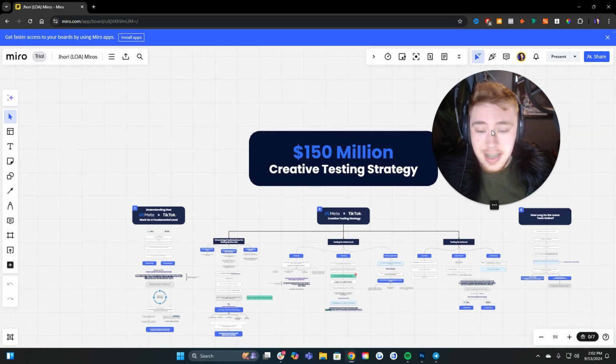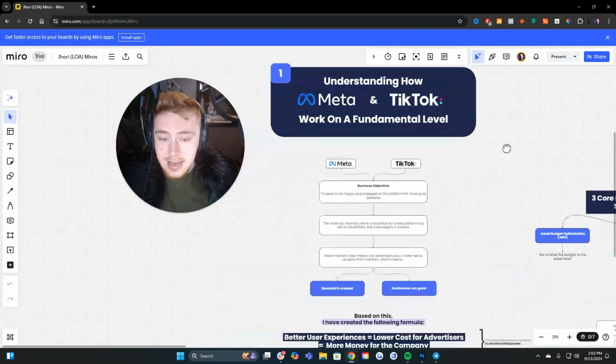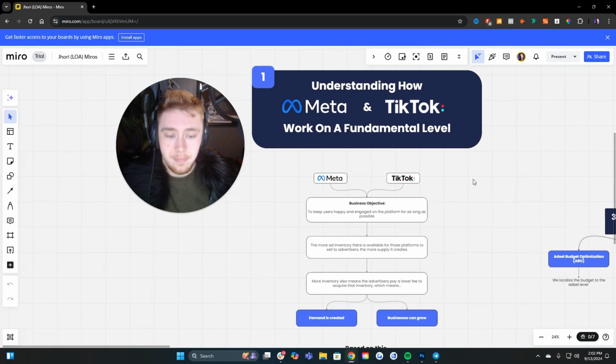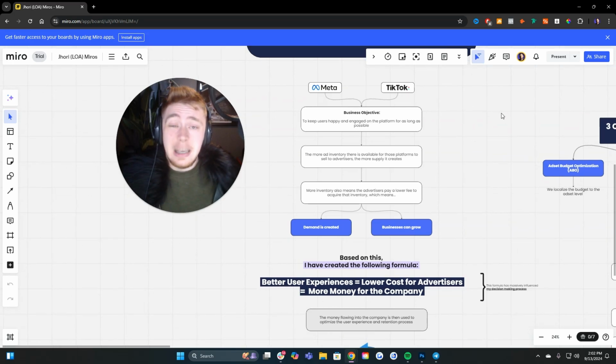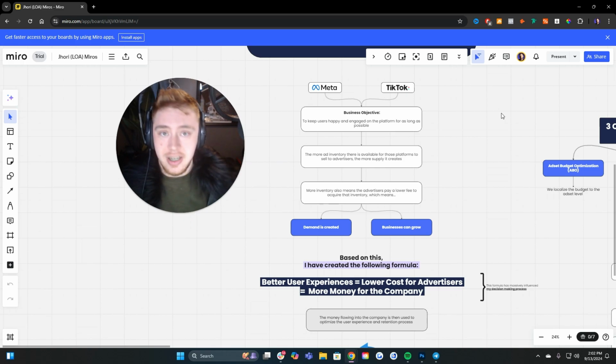Let's take a look at understanding how Meta and TikTok work at a fundamental level. So, the first thing we need to understand is the business objective of these platforms. It's to keep users happy and engaged. Why? Because the more users that are active on Facebook, on TikTok, on Instagram, the more inventory that these companies can sell to advertisers.